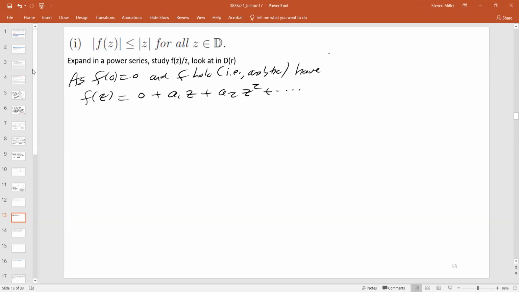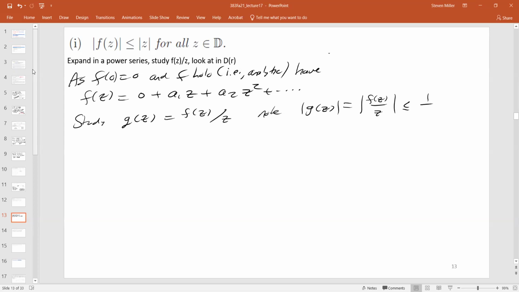Okay. We can study g of z equals f of z over z. And note the absolute value of g of z is equal to the absolute value of f of z over z, which is less than or equal to 1 over the absolute value of z. So why is it less than or equal to 1 over the absolute value of z?